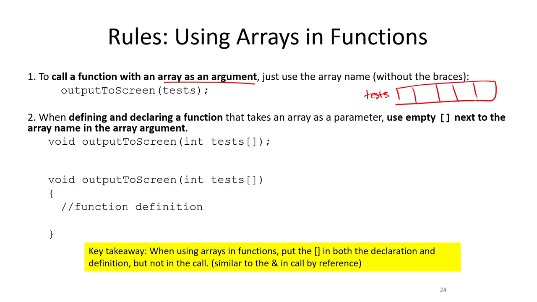So for example, if I have the tests array and it contains 5 items, I do not put tests and 5 in square brackets in the function when I call it. All I do is I give output to screen the name of the array. So when calling a function that takes an array as the argument, I just give it the name of that array.